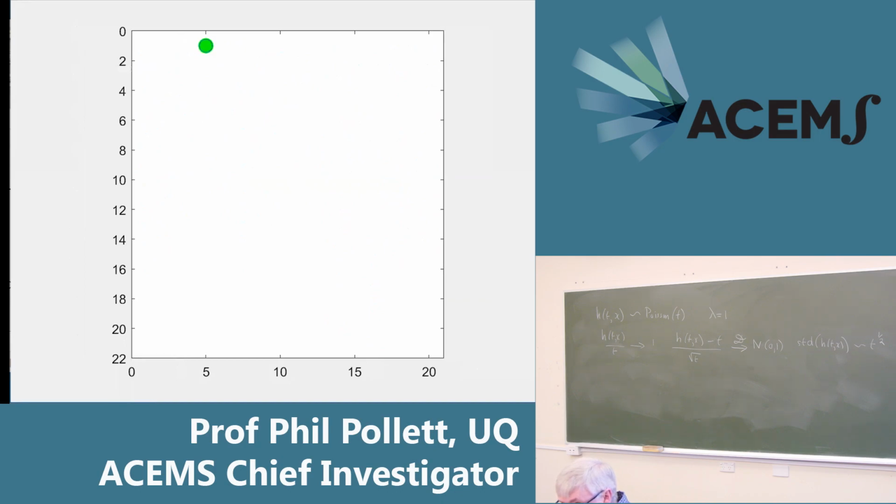Oh, is it there? Okay, good. So the particles are dropping in the same way as independent Poisson streams with rate lambda equals 1. There's a difference in the way that they attach themselves to one another.